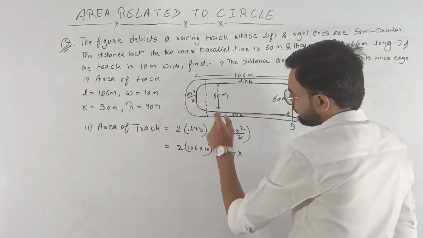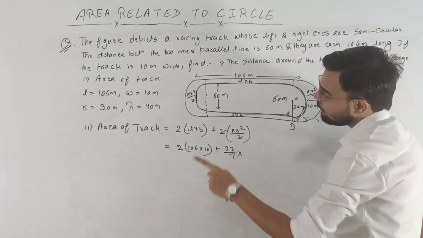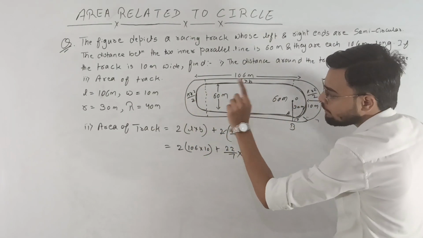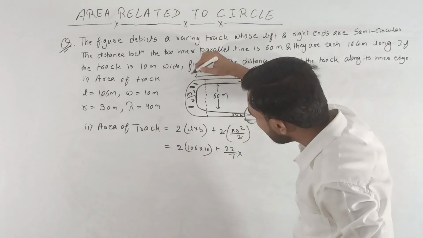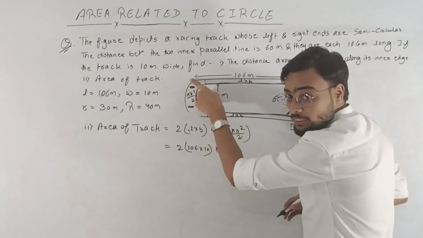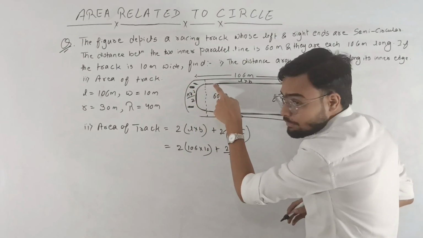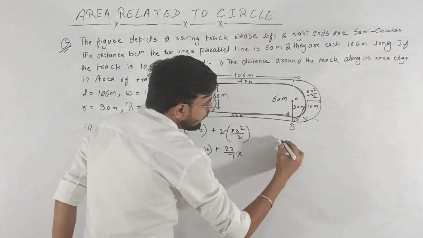Radius. So look here how we find the radius. There are two semicircles. First one is the outer one and second one is the inner one. So we have to find the area of this part. So the area of this part is the area of the outer semicircle minus the area of the inner semicircle.